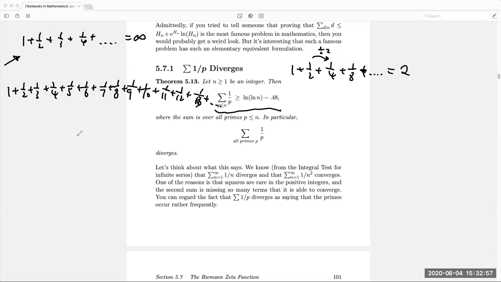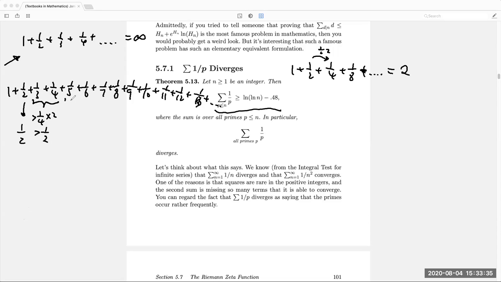Okay, this term is 1/2, no problem. If we sum up these 2 terms, now 1/3 is greater than 1/4. So 1/3 plus 1/4 should be greater than 1/4 times 2. That means this term should be greater than 1/2. No problem.